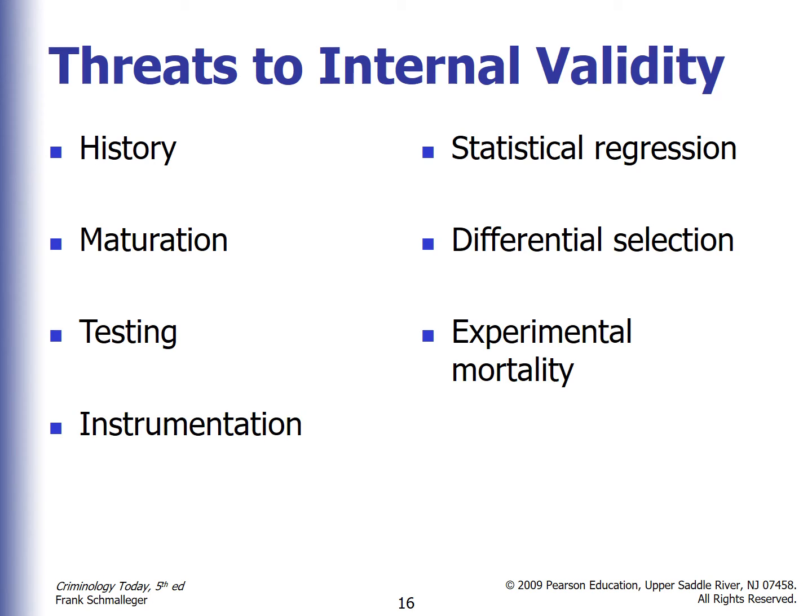Differential selection, if we're doing this study in the prison system, we're probably not going to study every single member of the facility. So who do we pick? And that could be a problem. If we don't pick the right people, or we don't have a random sample, maybe we pick the folks that will cause our study to come out the way we want it to come out. It's just like I think I mentioned before.